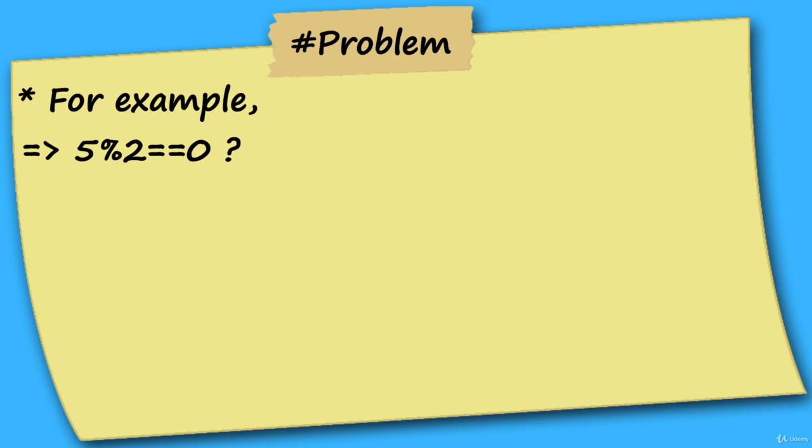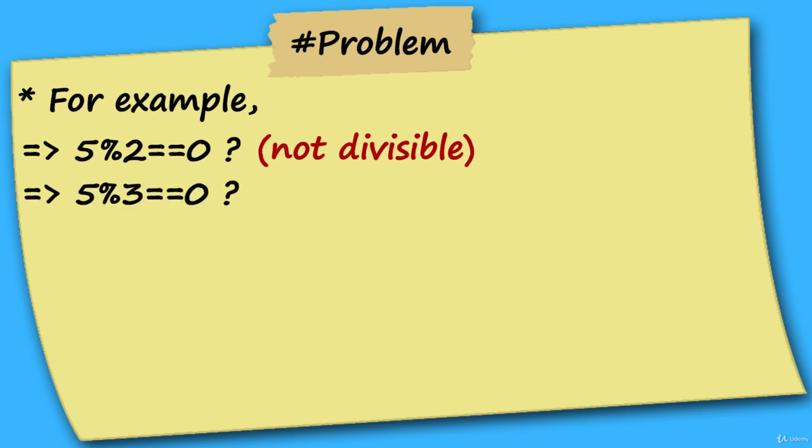So here the first question, is 5 divisible by 2? If it is not divisible, then for 2 it is prime, but I need to check till n minus 1. So I will check, is 5 divisible by 2? No? Good. Then I will check with the next number, is 5 divisible by 3? No? Good.